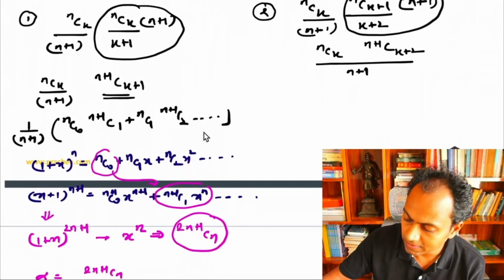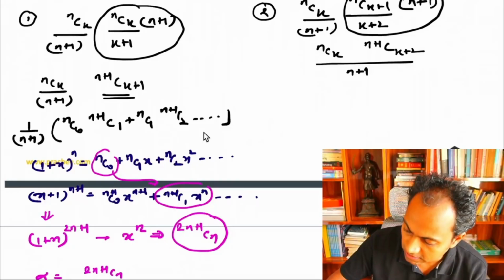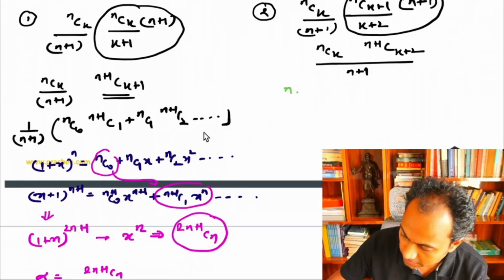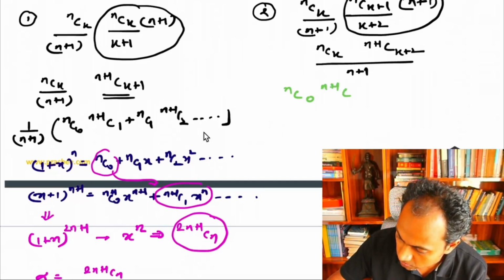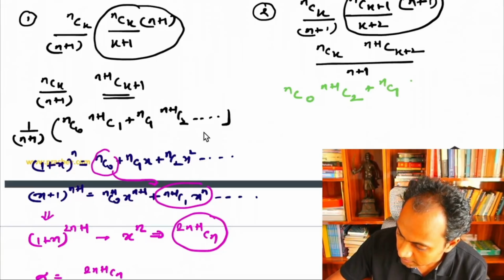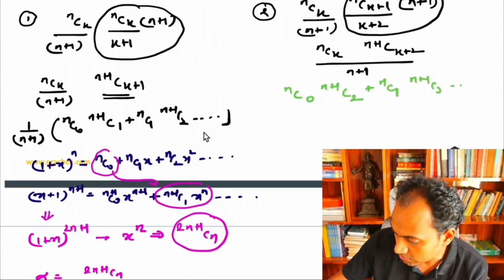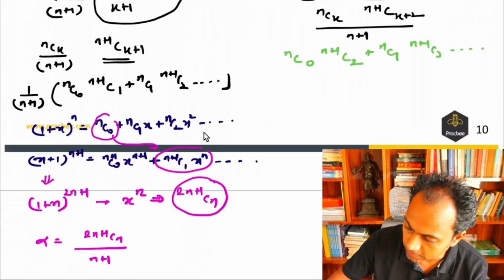Now from here, if I rewrite the series in the next part, let us see how the series will look. So this will become nC0 into n+1 C2 plus nC1 n+1 C3, and so on and so forth. In order to get this series, let us do multiplication of binomials.